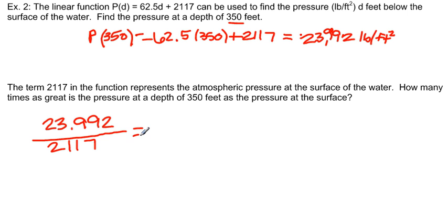So go ahead and calculate that, and we get an answer of approximately 11.33. Okay, so that means that the pressure at that depth is more than 11 times greater than the pressure at the surface.